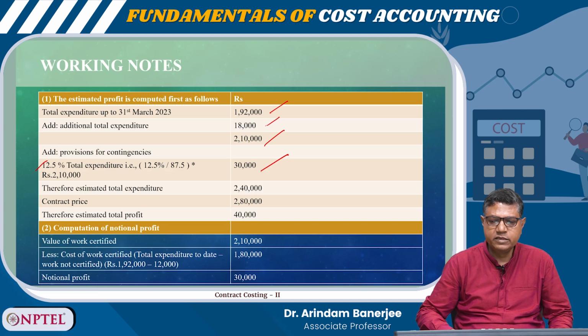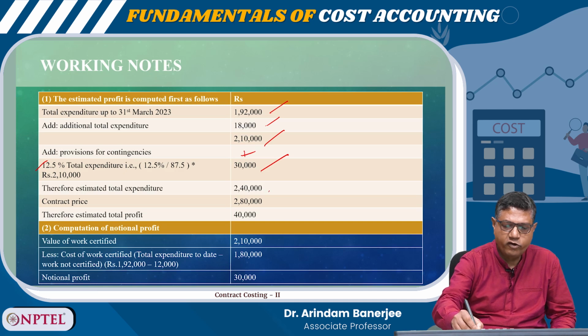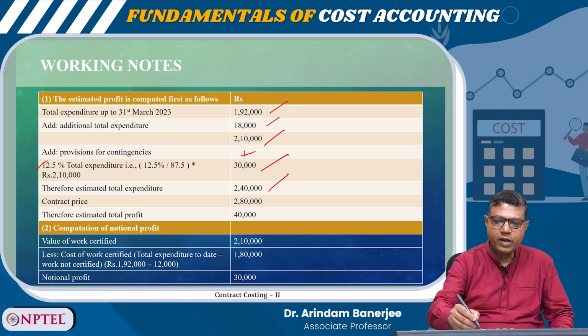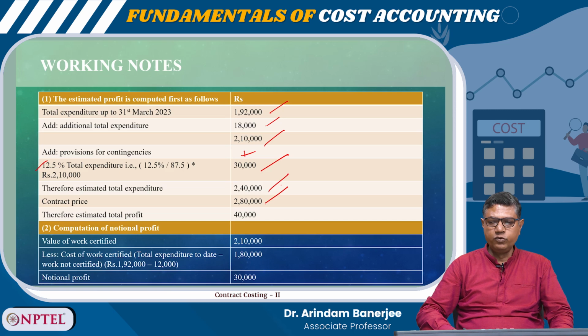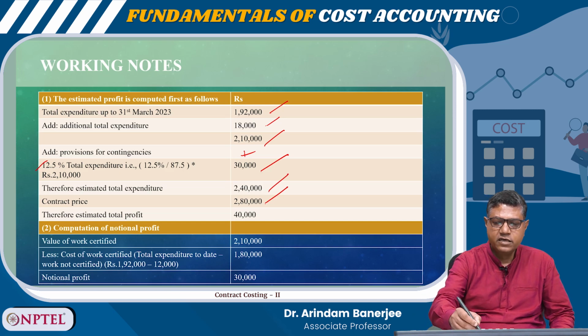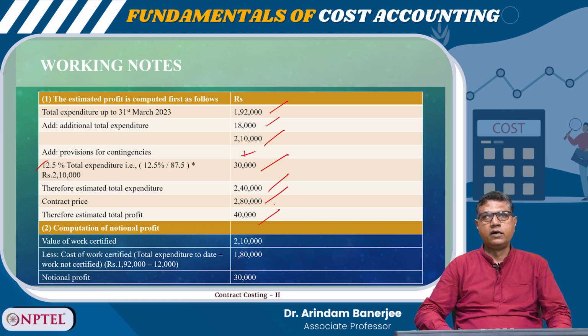Therefore, the total estimated expenditure is 2,10,000 plus 30,000, 2,40,000. The contract price is 2,80,000. Therefore, estimated total profit is 2,80,000 minus 2,40,000, so 40,000.